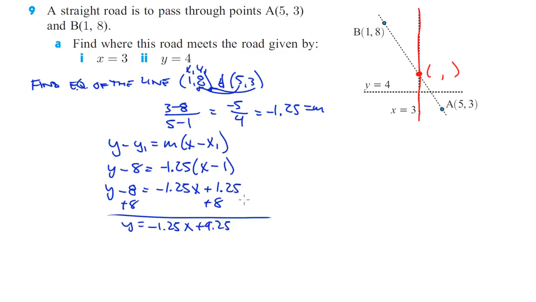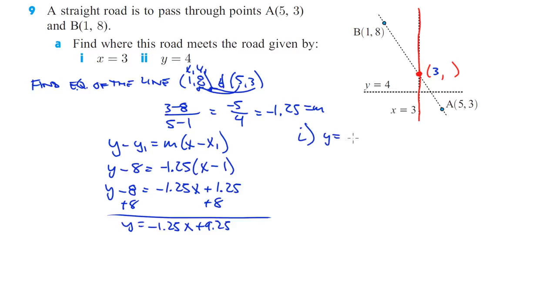That doesn't necessarily answer our question, but it gives us enough information to answer it. If we're looking for this coordinate right here, we know that the x coordinate has to be 3. We now have to figure out what the y coordinate is. All we have to do is plug that in. So we're going to plug in 3 for x right here.